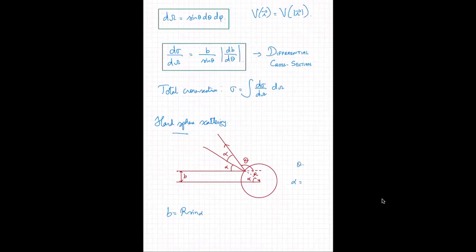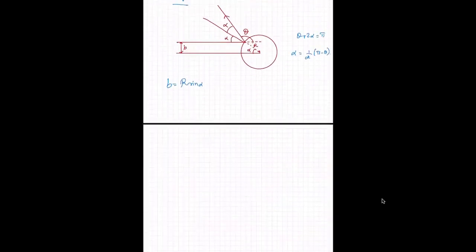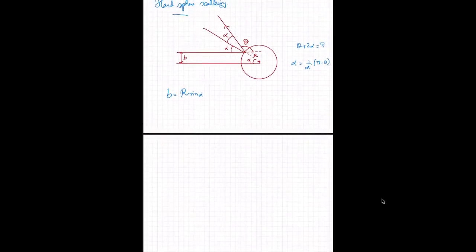Theta plus 2 alpha is pi, right? So alpha is 1/2 pi minus theta over 2. So using this simple geometry, you can easily see that b in this case is R cosine theta over 2, which means db is basically minus R over 2 sine theta over 2.